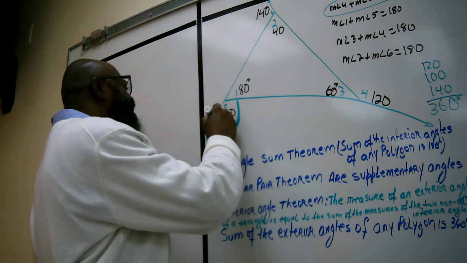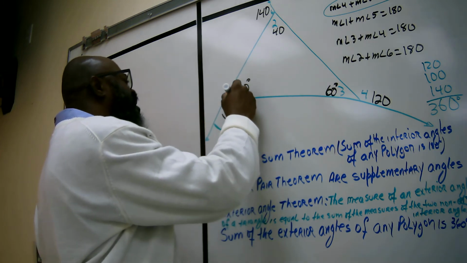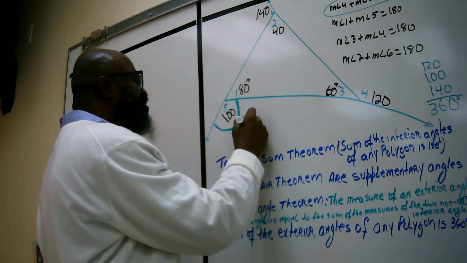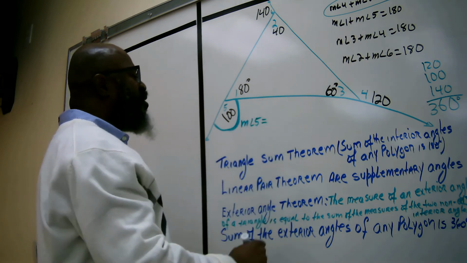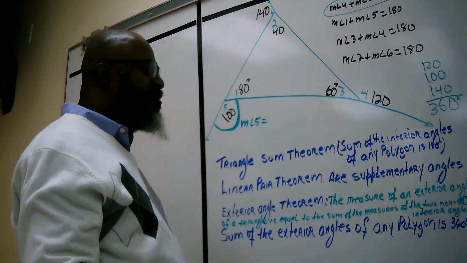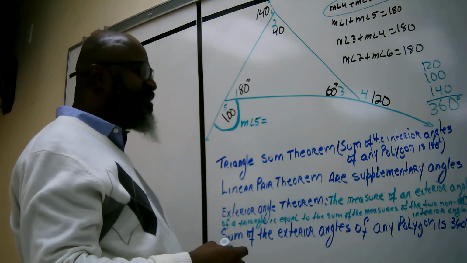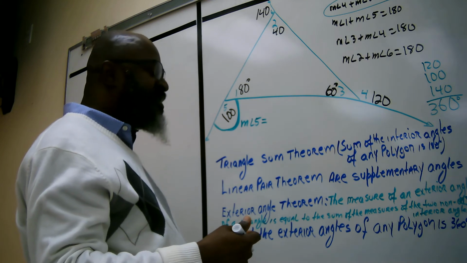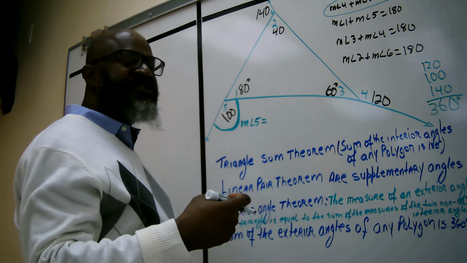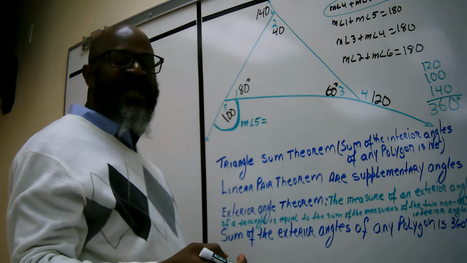So to find the exterior angle of a triangle, you can see now, if I need to find the measure of angle 5, it says that an exterior angle of a triangle is equal to the sum of the measures of the two non-adjacent angles.